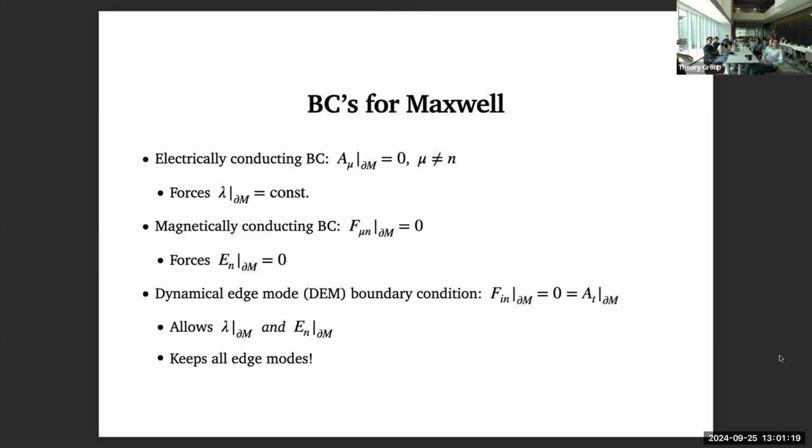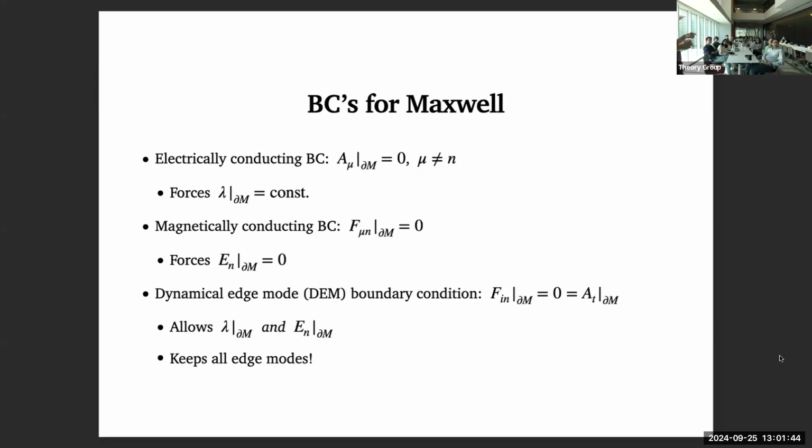We introduced a new boundary condition that we call the dynamical edge mode boundary condition. It's basically the magnetically conducting condition for the spatial components and the electrically conducting condition for the time component. It still sets some field strength components to 0, but it does not kill the electric field.